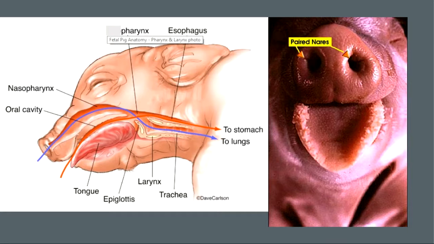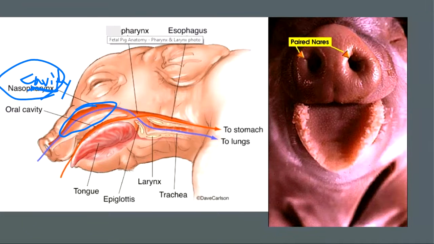You have the nasal cavity, which is this. Let's not call it pharynx. Nasal cavity.